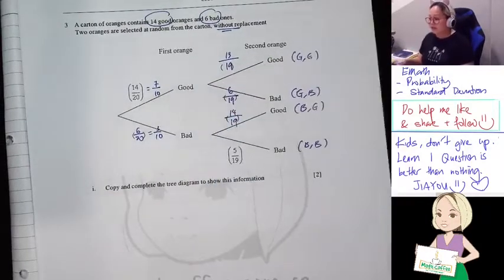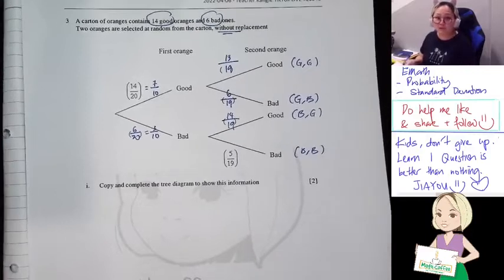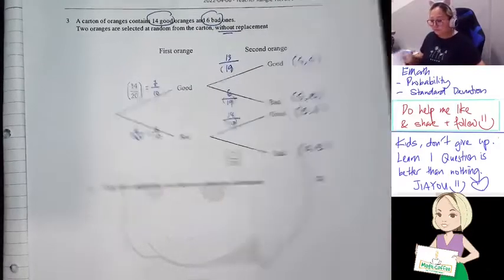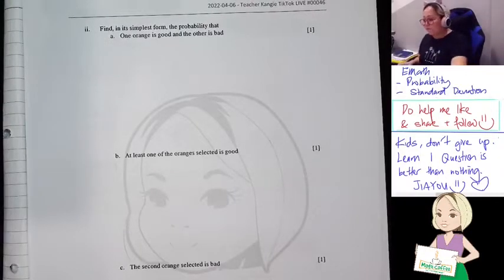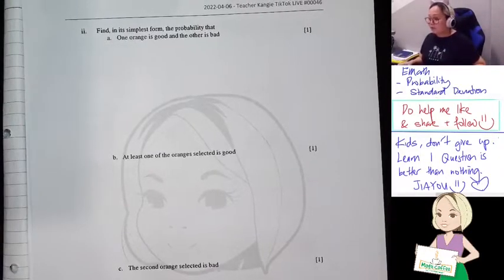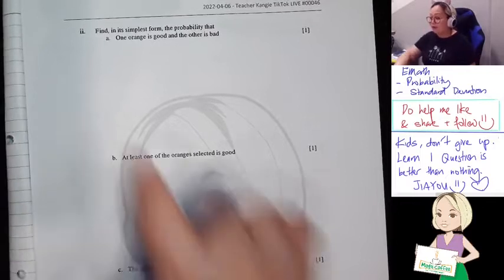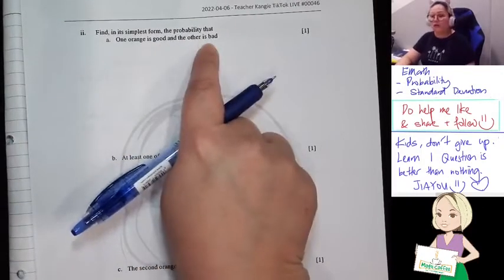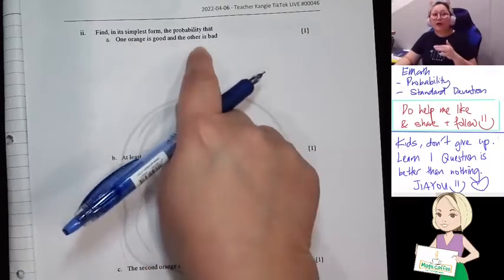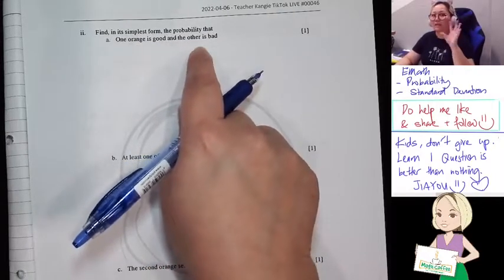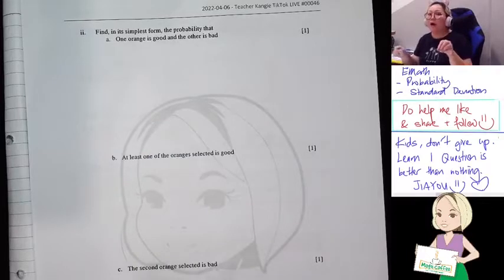So let's take a look at some of the questions that they will ask for this part. So they will ask you, find in the simplest form the probability that one orange is good and one orange is bad. So one orange is good and one orange is bad. I got 2 scenarios. It can be the first good, second bad, or it can be the first bad, second good. Agree?